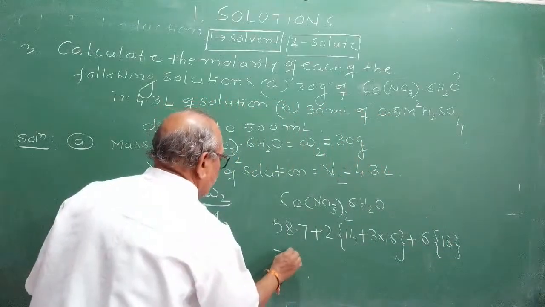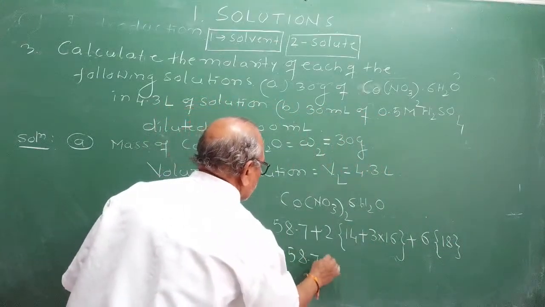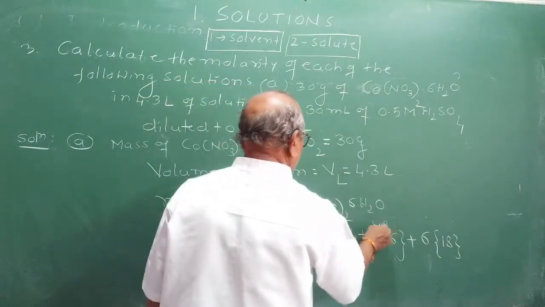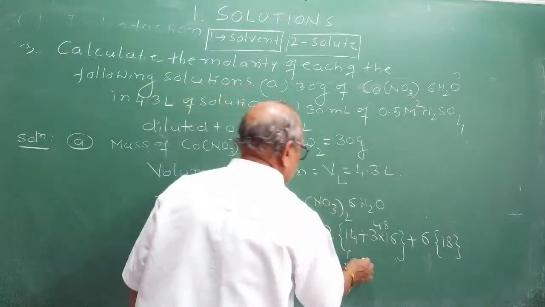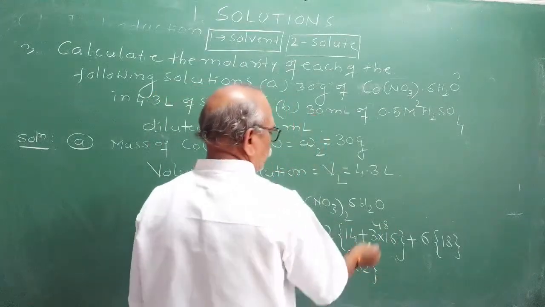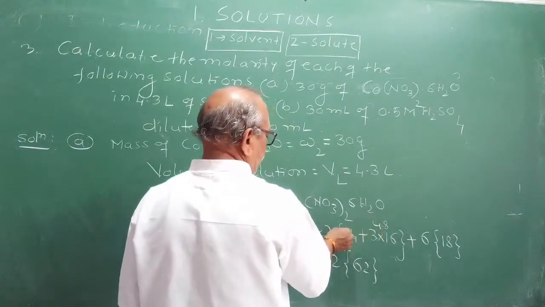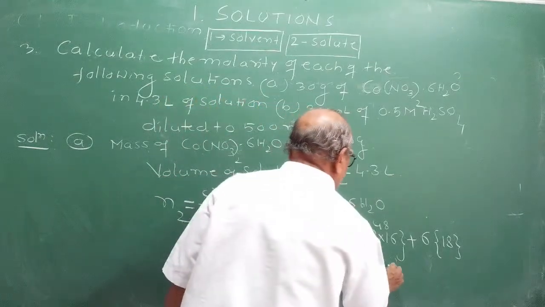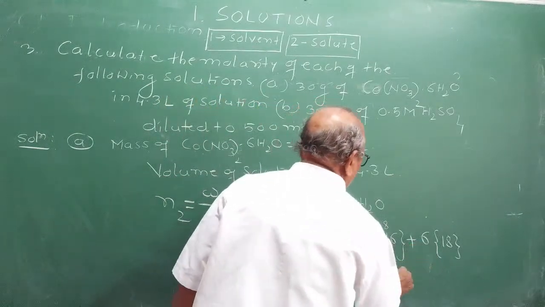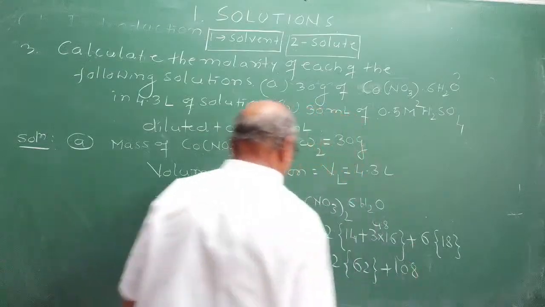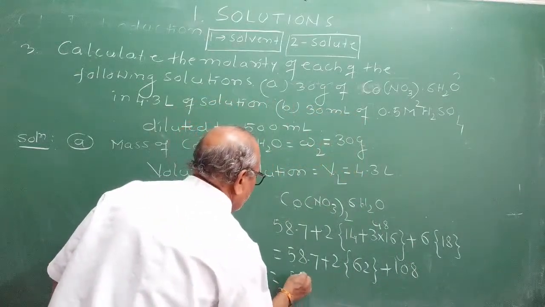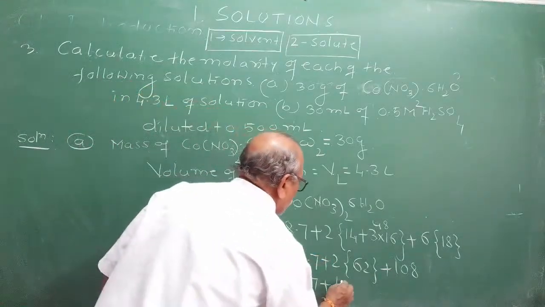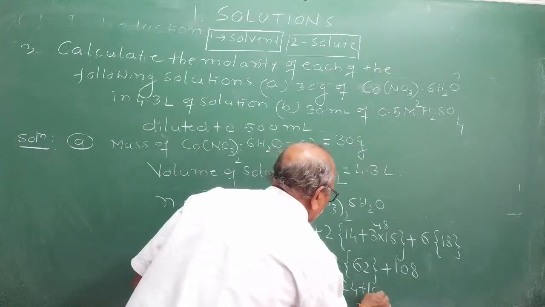Calculate the molecular weight. You must improve your calculation. 16 3s are 48. 48 plus 14 is 62. Plus 18 6s are 108. So simplify, you will get 58.7 plus 62 2s are 124 plus 108.